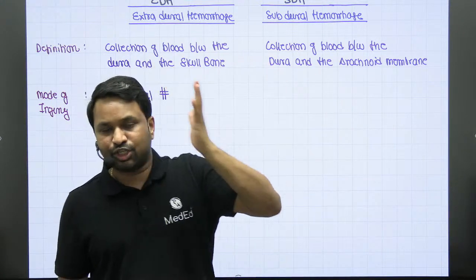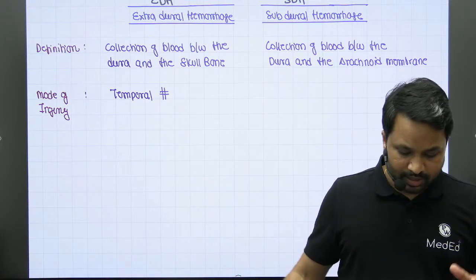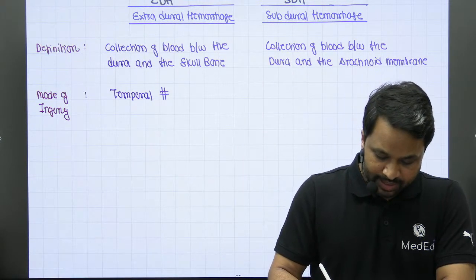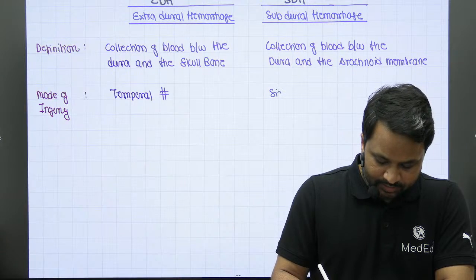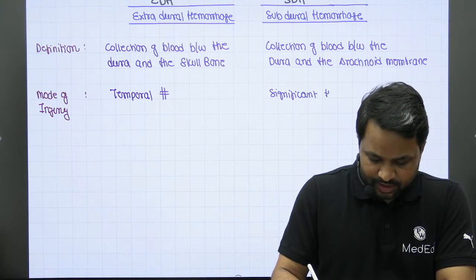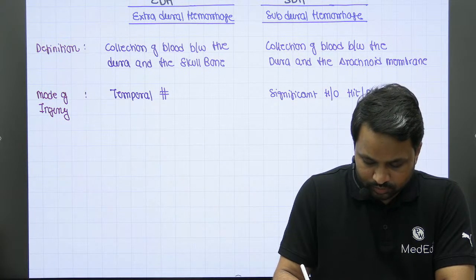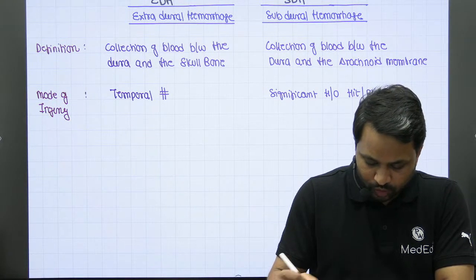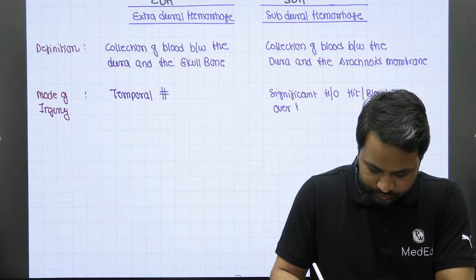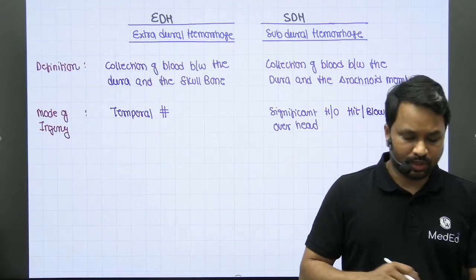If it gets injured, usually a hit or blow to the temporal region or temporal fractures are associated with extradural hemorrhage. SDH, it is significant if there is a significant history of hit, blow, or fall overhead. This is what leads to subdural hemorrhage.